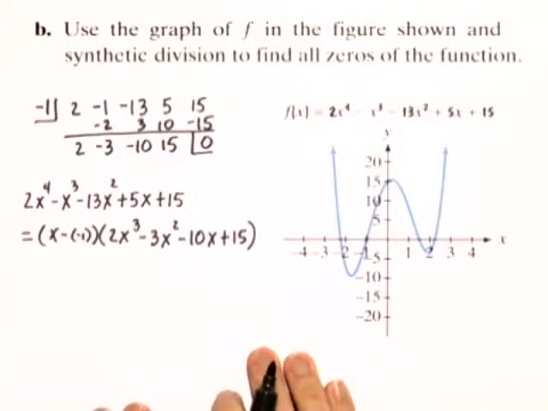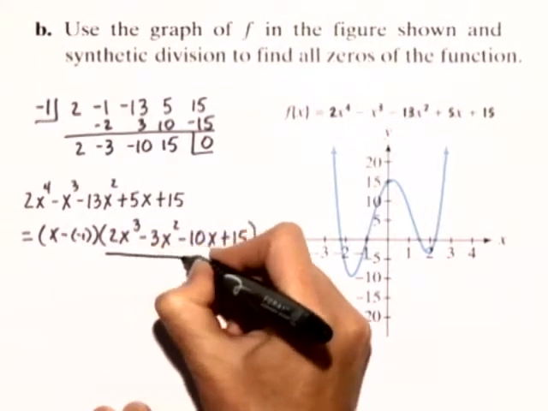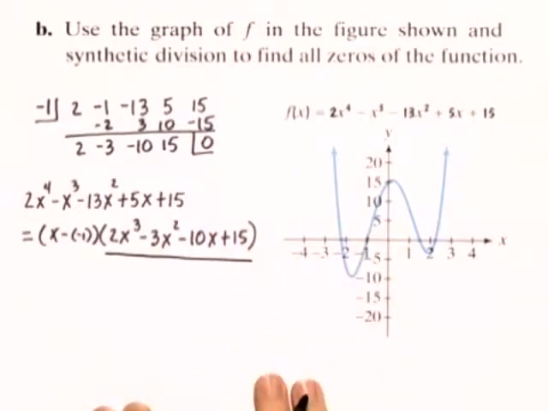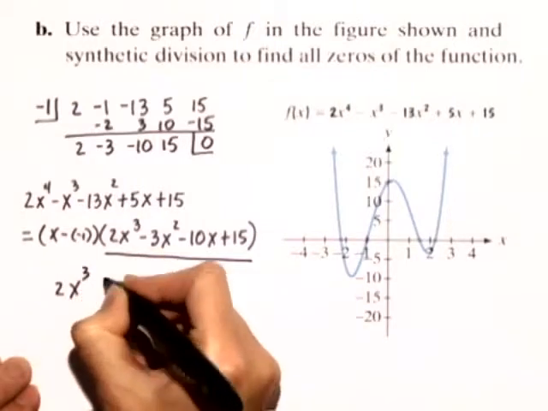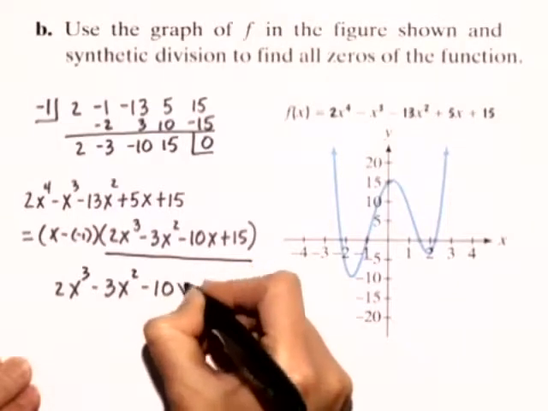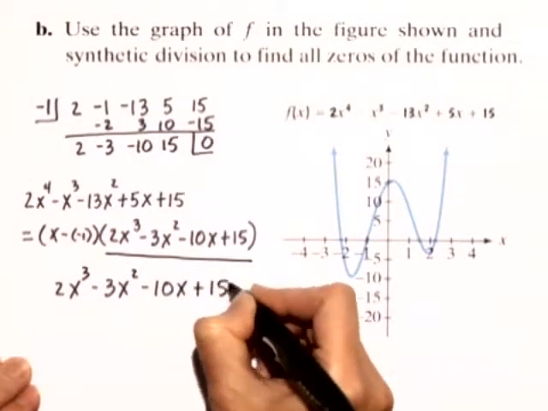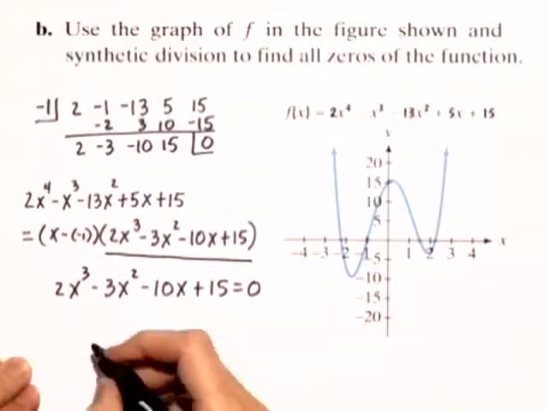So in order to find the other zeros, we need to simply factor the remaining factor and set it equal to 0. So we have 2x cubed minus 3x squared minus 10x plus 15 equals 0. Let's factor by grouping since we have 4 terms.